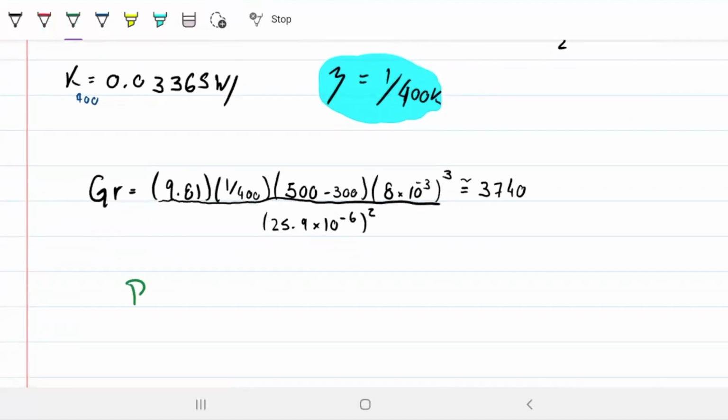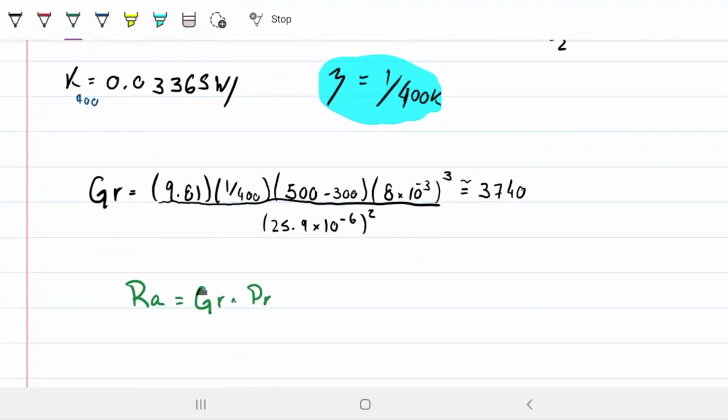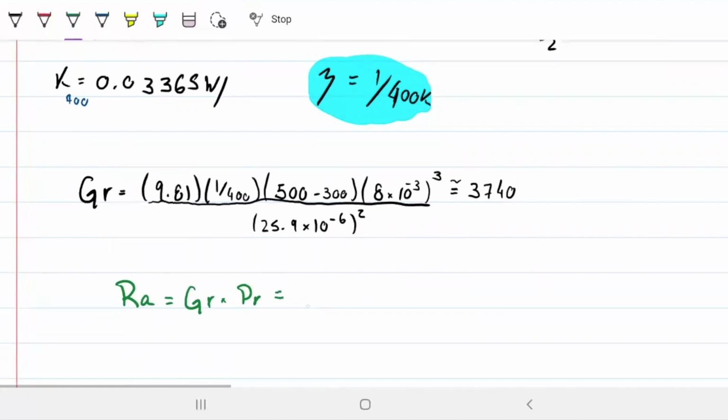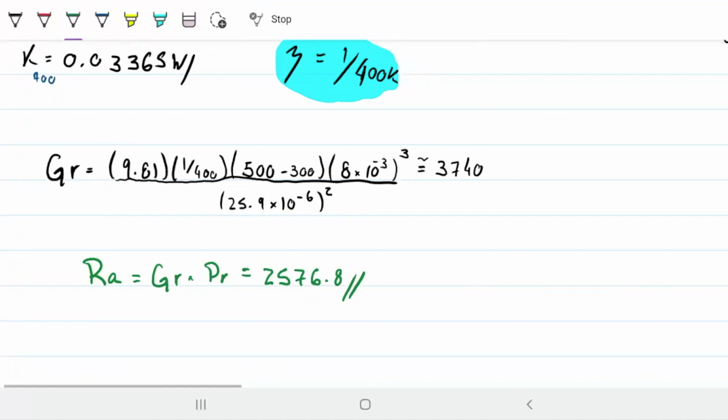Then our Rayleigh number is straightforward, because we just multiply Grashof by Prandtl, with Prandtl being 0.609. So this becomes 2576.8. Cool, now we can go back to the table and figure out which situation we fall under.